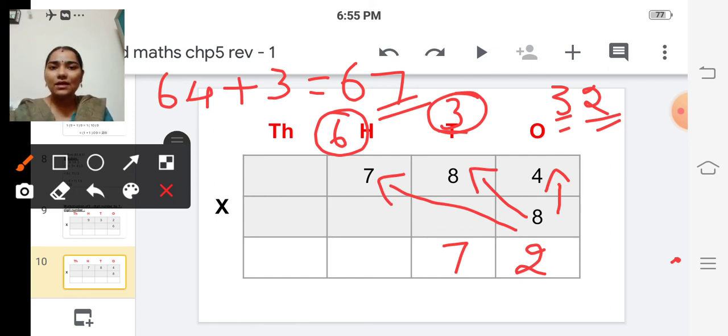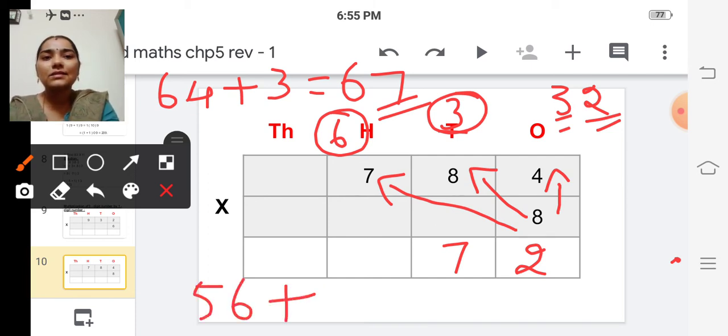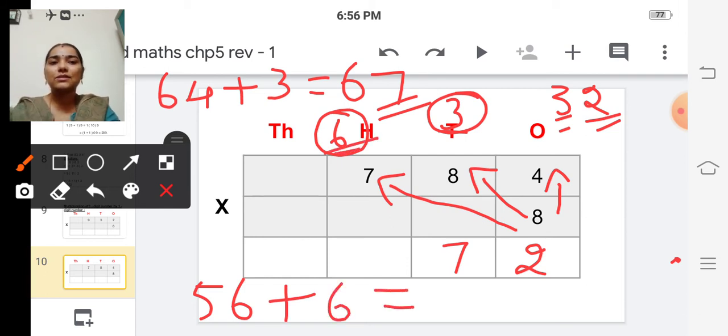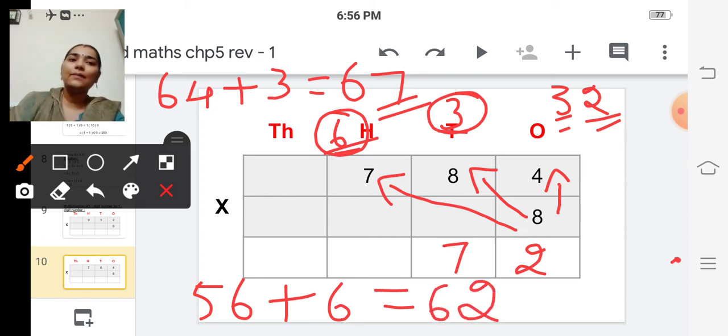So 8 sevens are 56. Okay. 8 sevens are 56 and add 56 plus this carried over number 6. 56 plus 6 which is equal to 62.